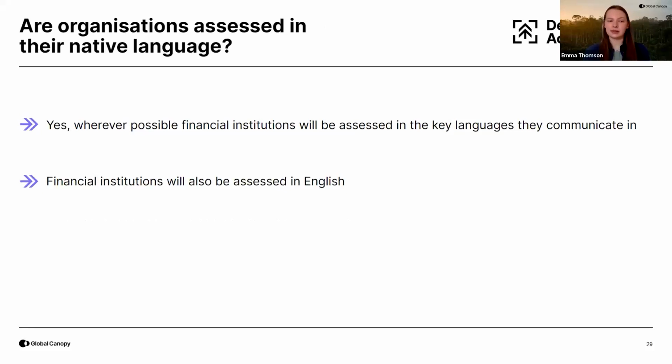So this year, I think we have over 20 languages that we're assessing financial institutions in addition to English, but financial institutions will also be assessed in English. So if you are headquartered in another country where English is not the national language, you do not need to publish information in English. But equally, if all of your policies are in English already, you do not need to publish them in the national language. Next slide, please.